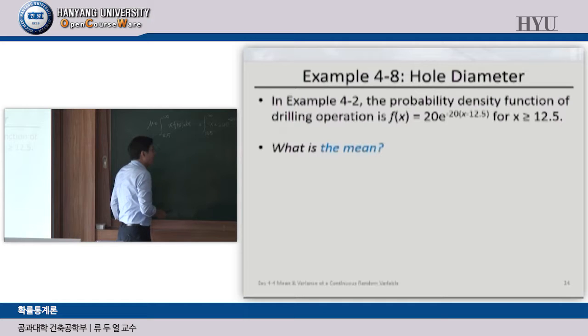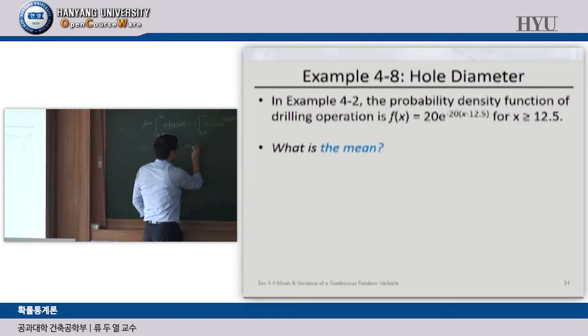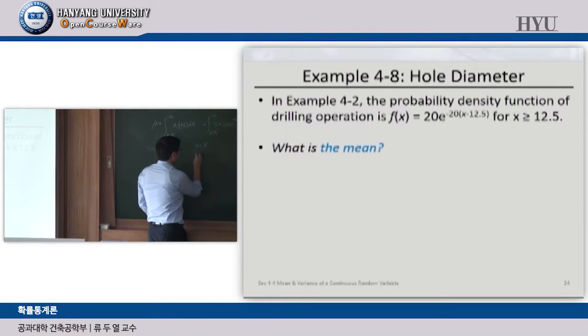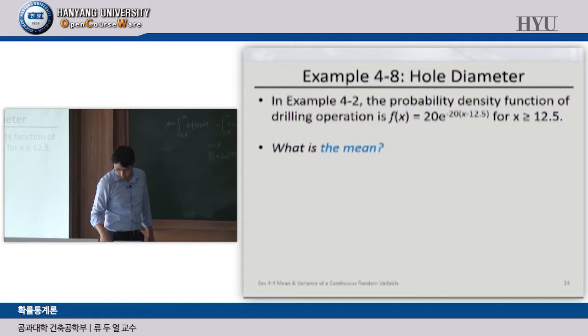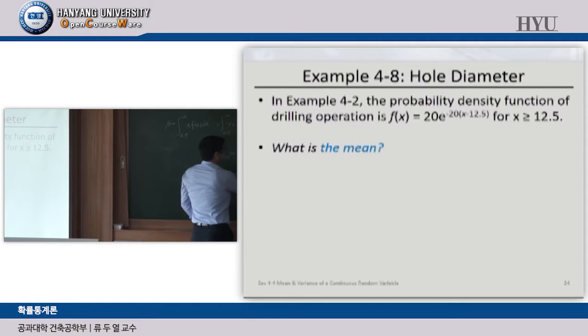So, what is u? u is x in this case, right? And what is dv over dx? That is 20 exponential minus 20 (x minus 12.5). And what is du over dx? That is just 1, right?